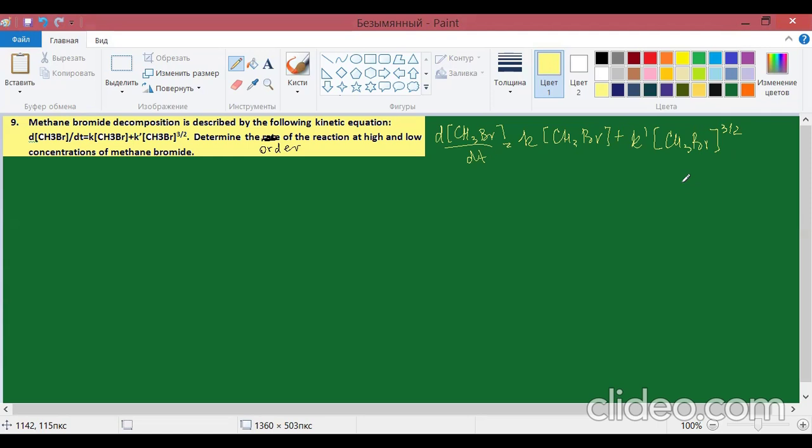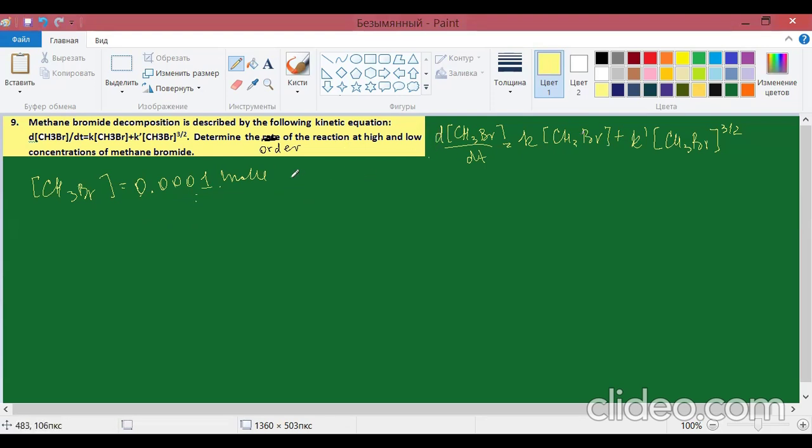Let's imagine that the concentration of CH3 bromide is equal to, and let's take a very, very low concentration, but specific one, let it be 0.0001 moles per liter. As you can see, it is a very, very low magnitude of the concentration. Well, and if we plug this magnitude into this equation, what we will get?